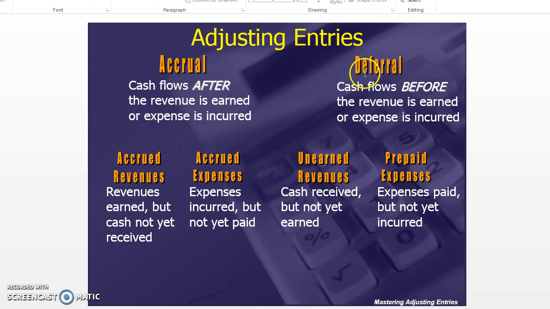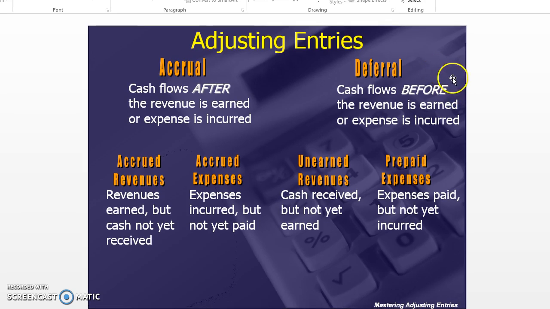Remember deferrals, DEF. The EF in deferrals you can think of as the EF in "before." I know it's kind of a far stretch, but that's really the best I could come up with. If anybody has a better idea to remember the two, I would appreciate you letting me know so I can use something different.